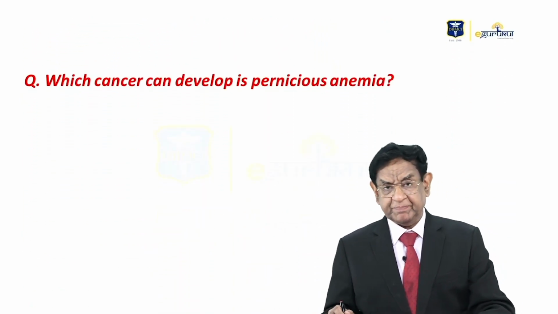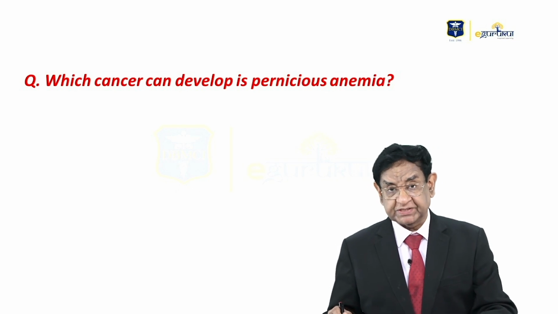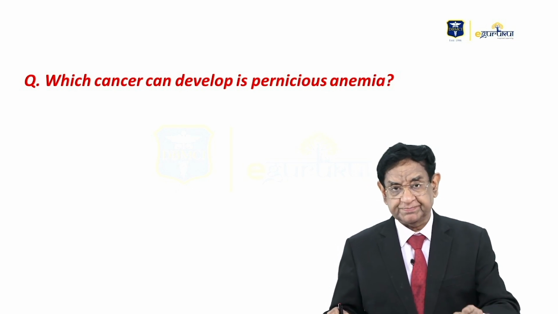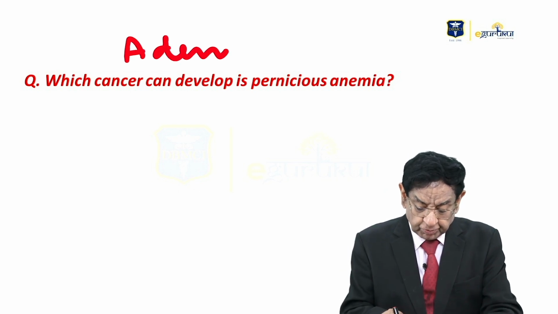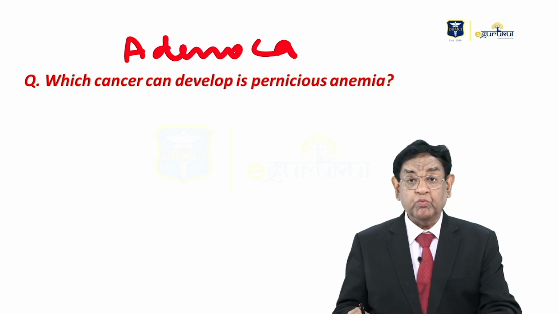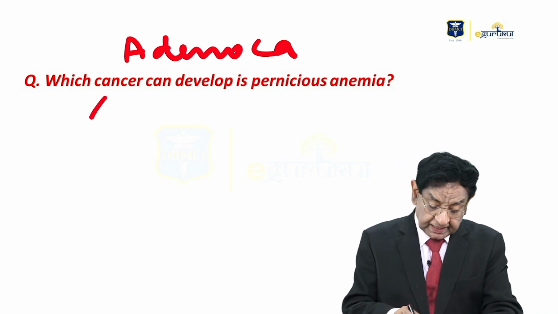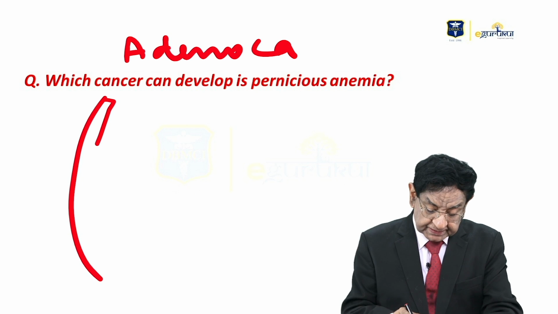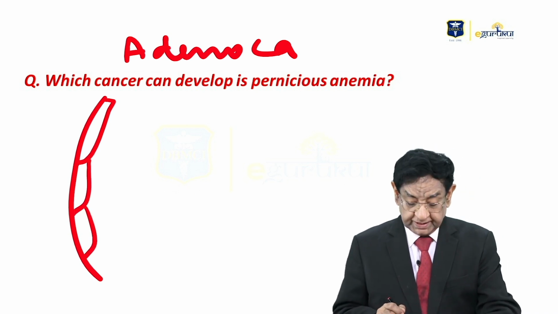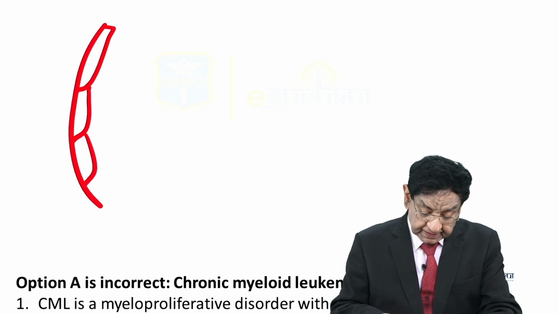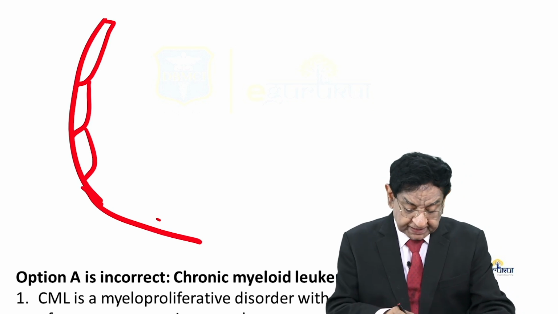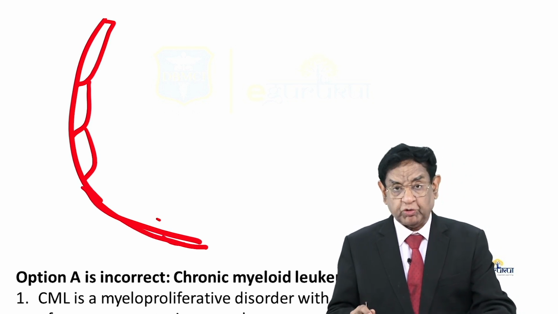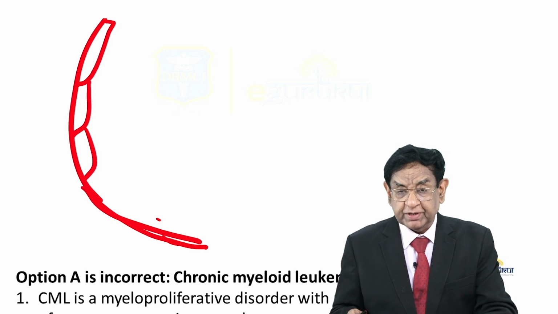Now, pernicious anemia patients are prone to cancer. Which cancer? Stop the video, write down the answer. The answer is they can be predisposed to adenocarcinoma. Why and how? This is the lining. Let's say these are the parietal cells, and this area where parietal cells were there, they have all been destroyed because of antibodies.